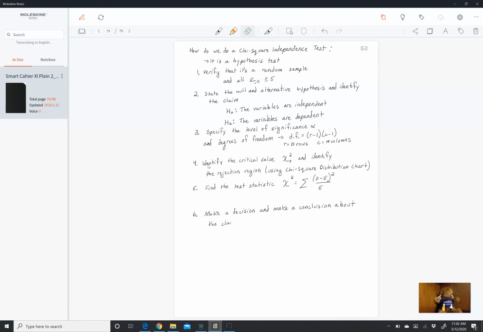When you're making a conclusion about the claim, it's either yes, the variables are independent or unrelated, or the variables are dependent or related.